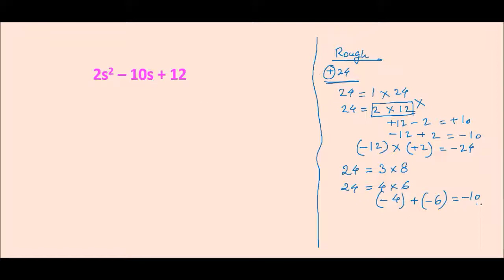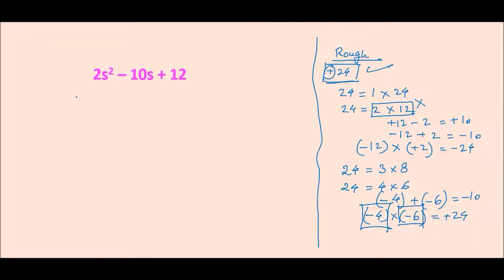So we are getting minus 10. Let us see the product. What happens to the product? Minus 4 times minus 6 is a plus 24. So we are getting the product correct as well. Therefore, the required factors are minus 4 and minus 6.